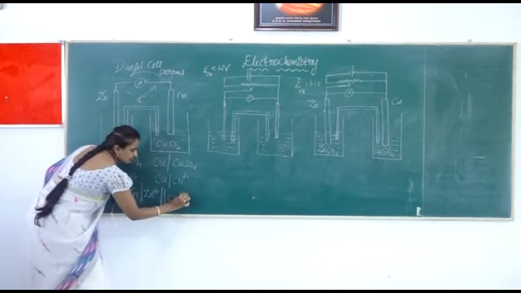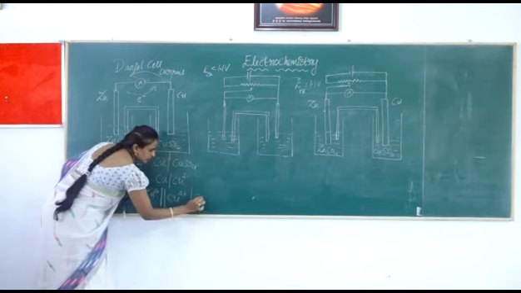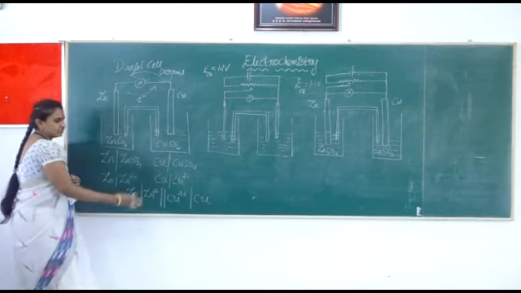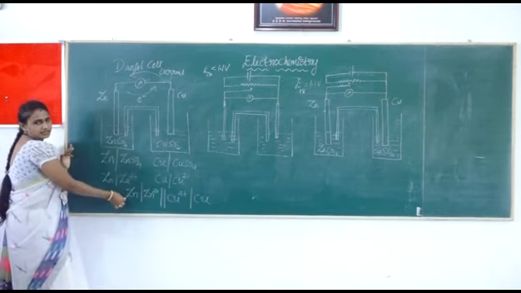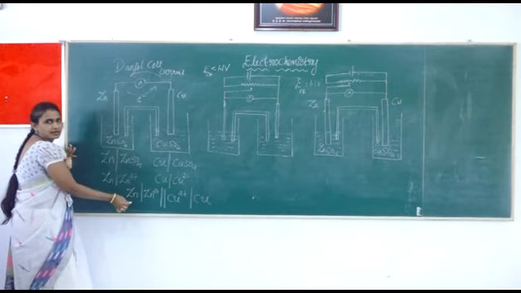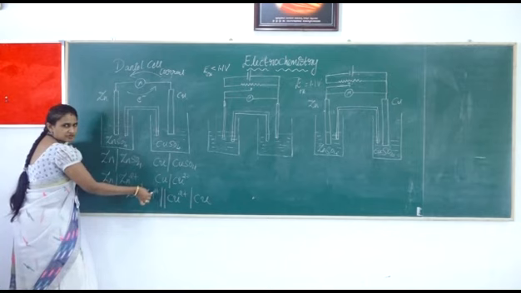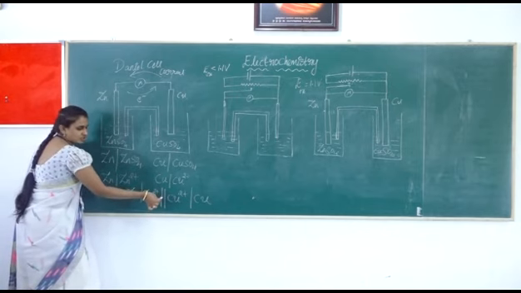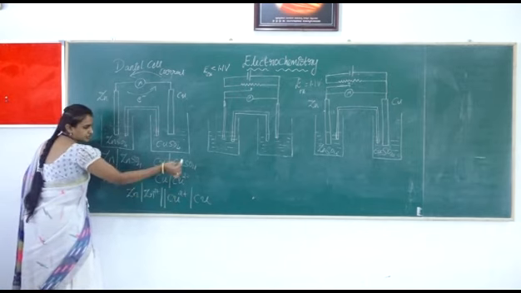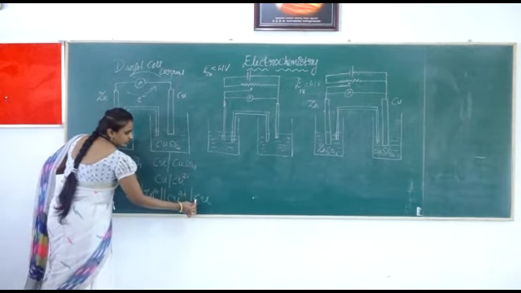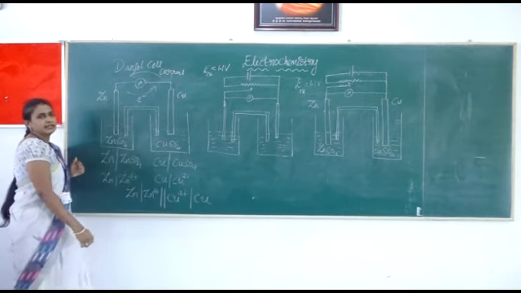Then the copper sulfate solution, in which the copper metal is dipped. This is called the Daniell cell representation: zinc rod dipped into zinc sulfate, this solution connected by a salt bridge to the copper sulfate solution, which is then connected to the copper metal.